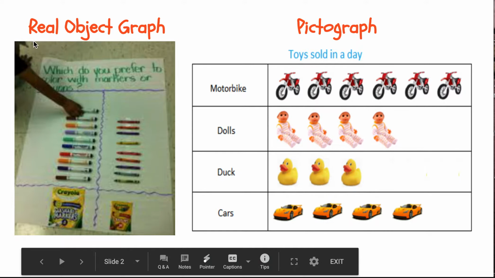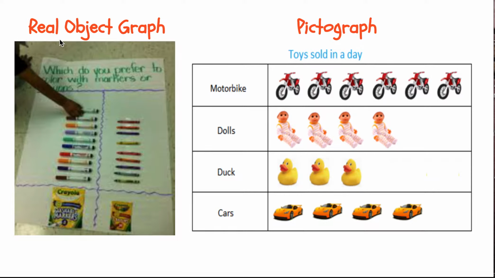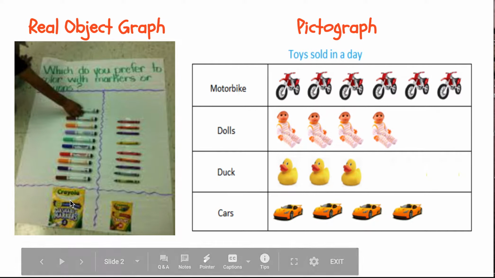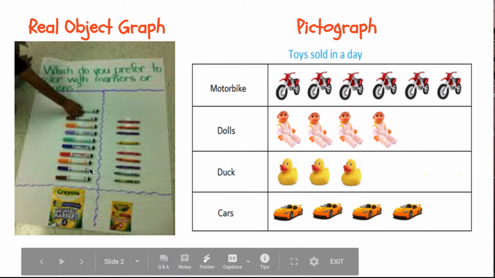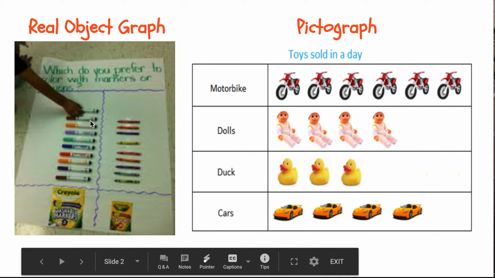Yesterday, I introduced you to real object graphs. We learned that real object graphs are just that, when we graph with real objects. Here's an example. We've got markers and we've got crayons. And if you see the child here, they're graphing.